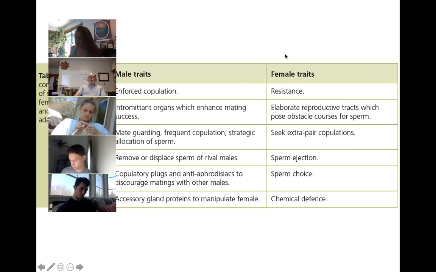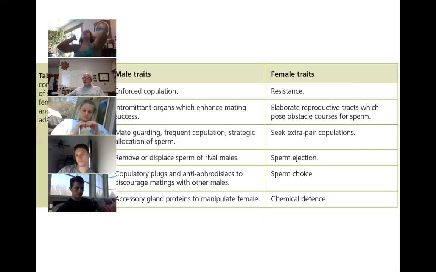Female duck reproductive organs. The reproductive tract has all these blind alleys, these blind pouches that sperm go into after the female has reproduced with the male, and she has control over those blind alleys, and she knows which sperm have gone into which of those blind alleys. So when she then goes to fertilize eggs, she can basically choose which male's sperm actually go into fertilizing her eggs.